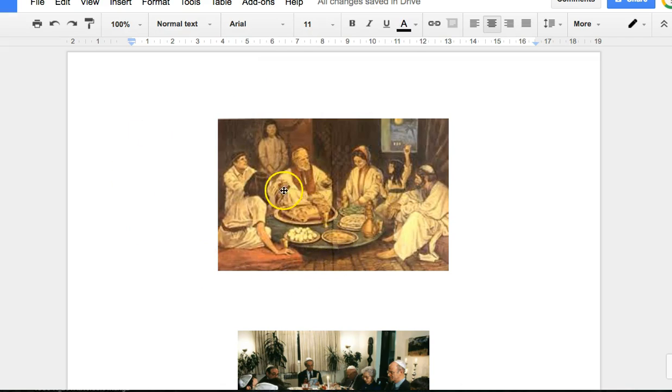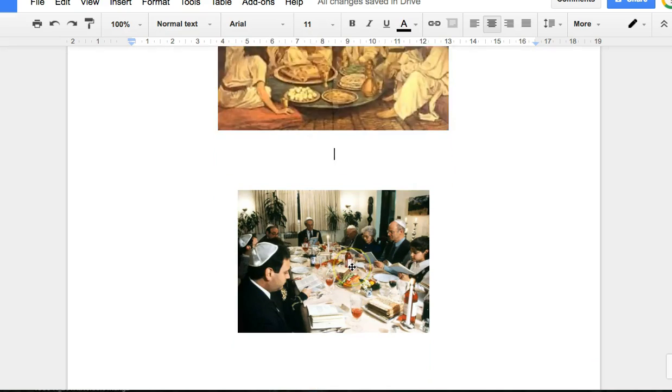We see the lamb, the sacrificial lamb, which was being eaten on that night of Passover, the unleavened bread, eaten in a hurry. They didn't have time to wait for the bread to rise because they had to pack up and leave Egypt. Bitter herbs and the eggs, which symbolize new life.